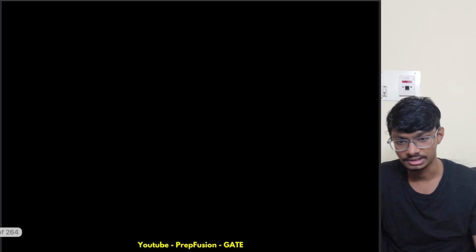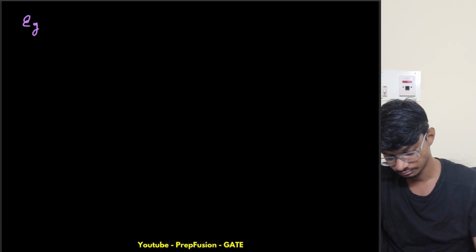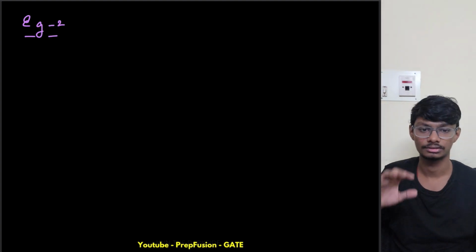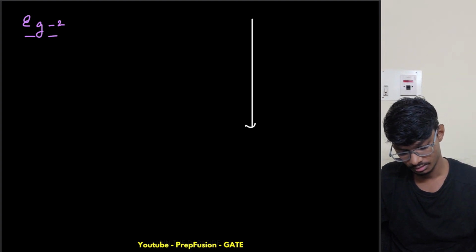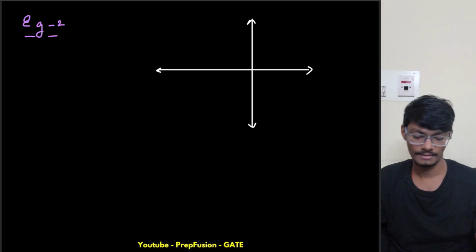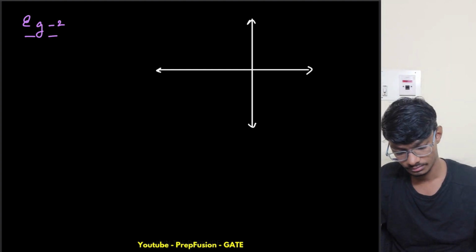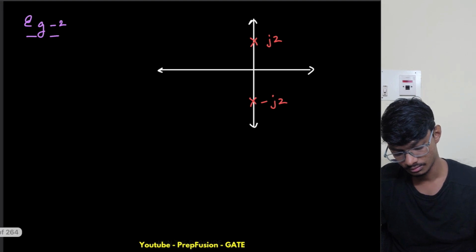Let's go for the second example, that is the stable system. For the stable system, let me again draw the pole zero diagram. The frequency of oscillation is 2 only, right? Okay, this is not the pole, sorry.